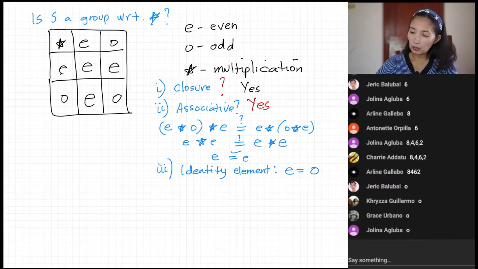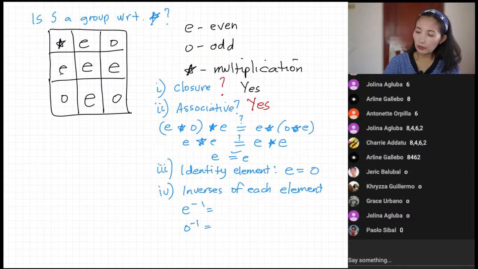And so, number 4, inverses of each element. What is E inverse? And what is O inverse? Now looking for E inverse, walang entry na O along this row. Wala.